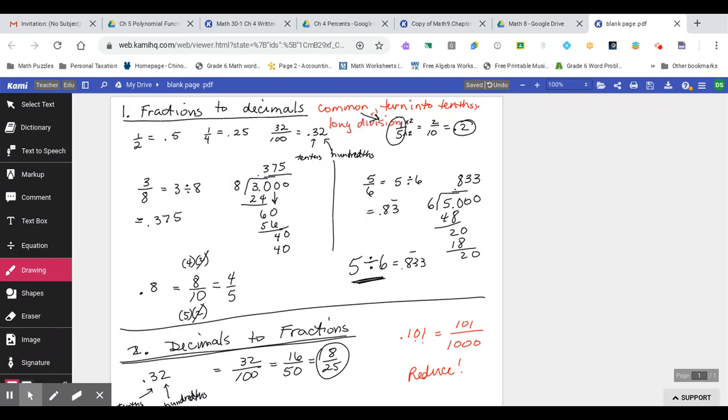And the last option, most of you are going to like it, is use your calculator. Use a calculator to divide. Okay, so there are 4 different options when you're turning fractions to decimals. Okay, let's go do some schoolwork.